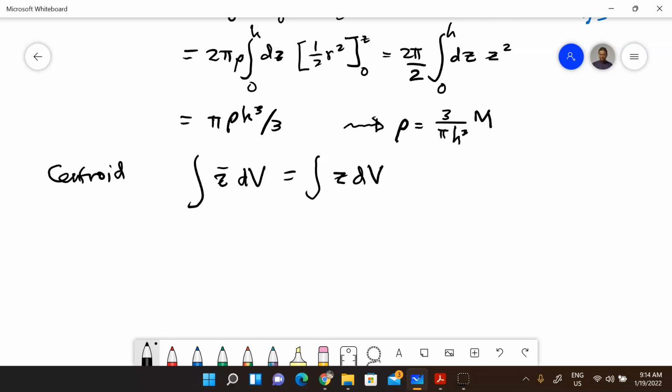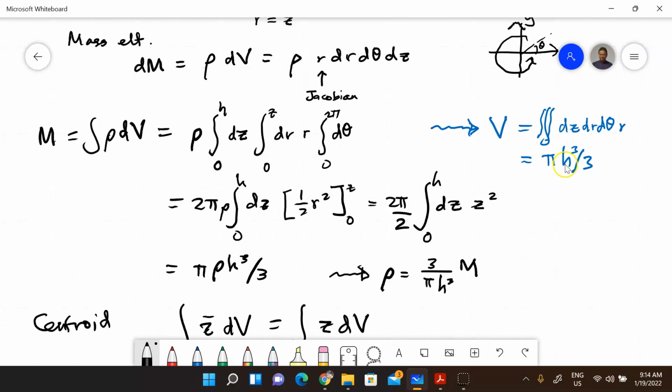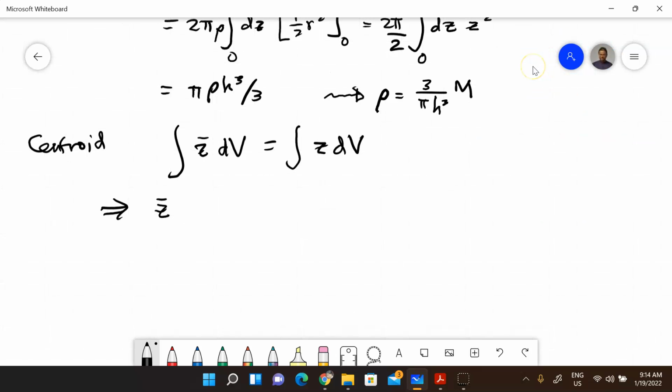Z bar is constant, so that gives you z bar outside, and the integral of dv we have already calculated above: V equals pi h cubed over 3. Then the integral of z you have to integrate.